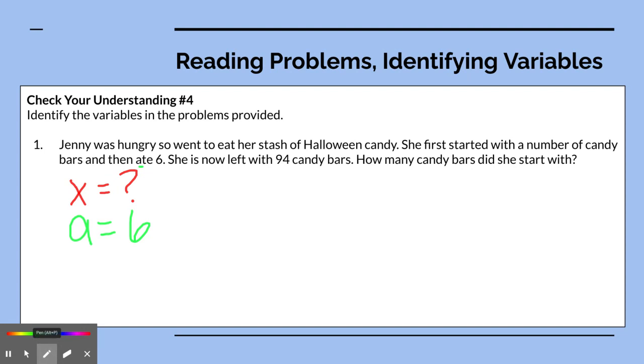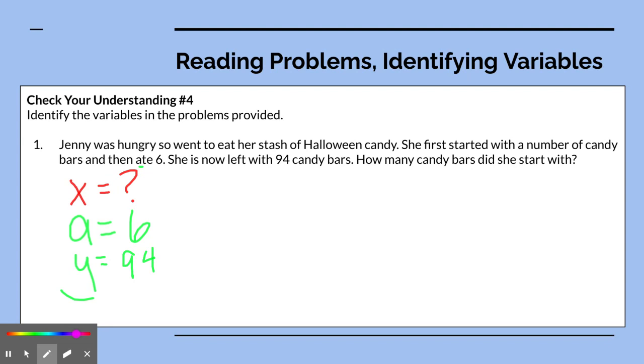And then 94 candy bars, that's what she's left with. We'll just make that Y. So here's the list of our variables with their symbols. I just made these symbols up, and you can make these symbols up as much as you want, as long as it's identifiable. Now, what about an equation?